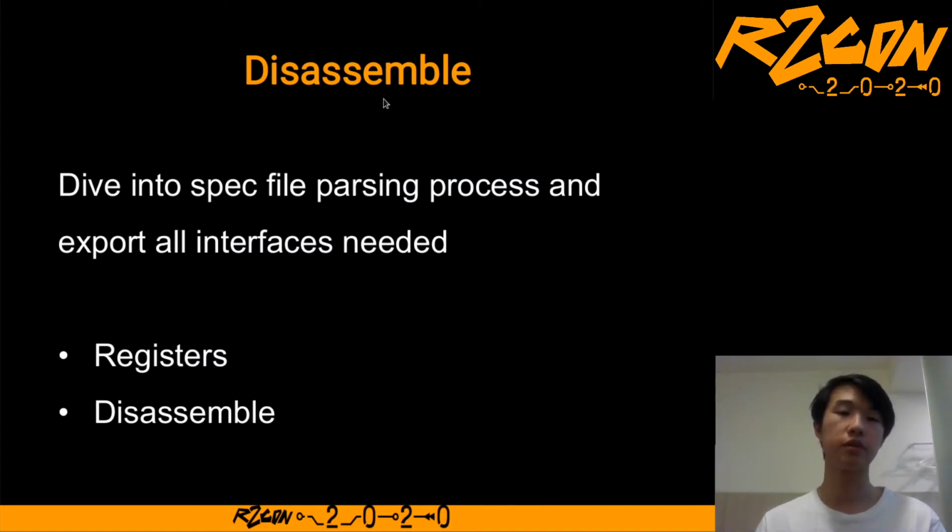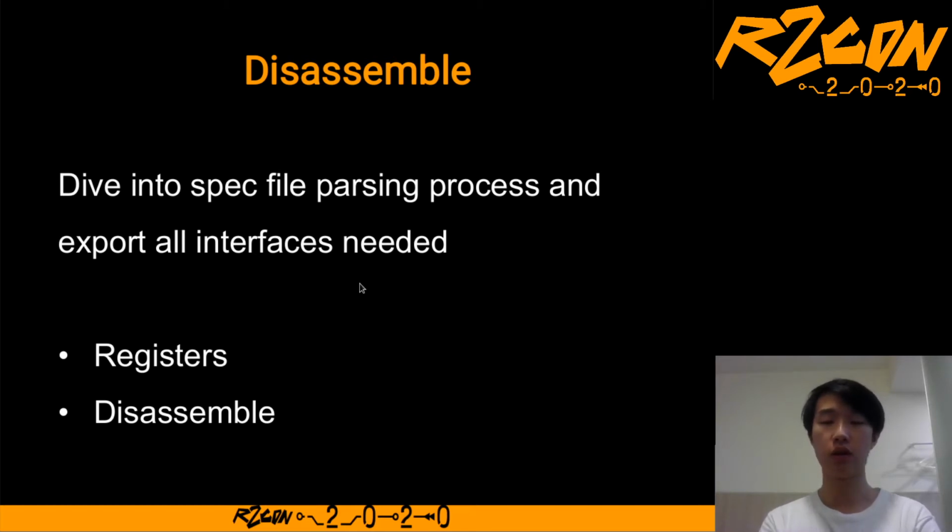First, let's talk about the disassemble part. This part is relatively easy. I need to dive into the spec file parsing process and export all the interfaces we need. We will need info like the registers of this architecture, and we will need the low-level disassemble interface.